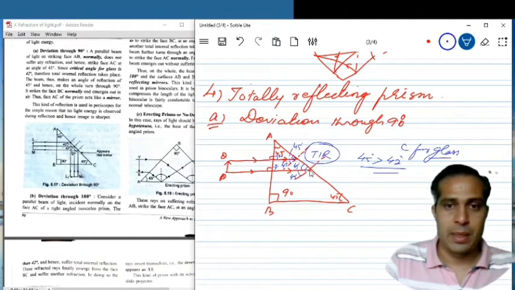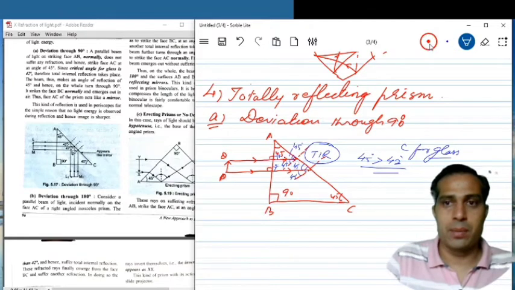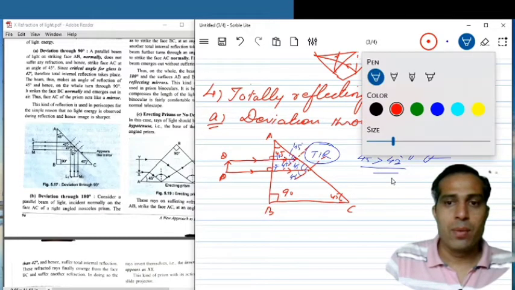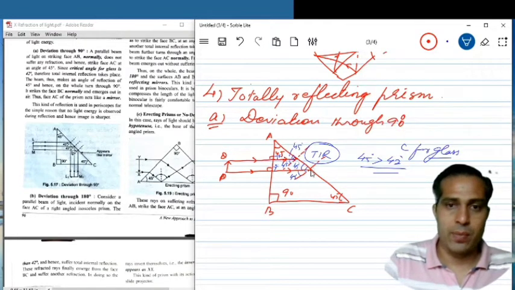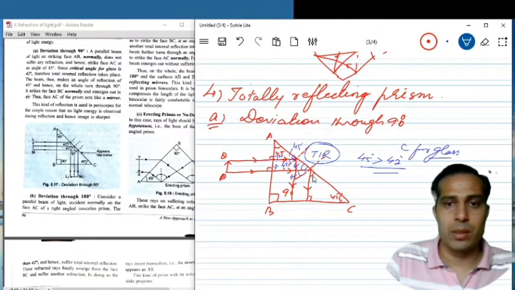It means the ray of light from this surface AC will get deviated downward like this, and at this surface it will again fall at 90 degrees, because this is again 45, and this will be 90. So it is falling at 90 degrees, and it will pass without any deviation.